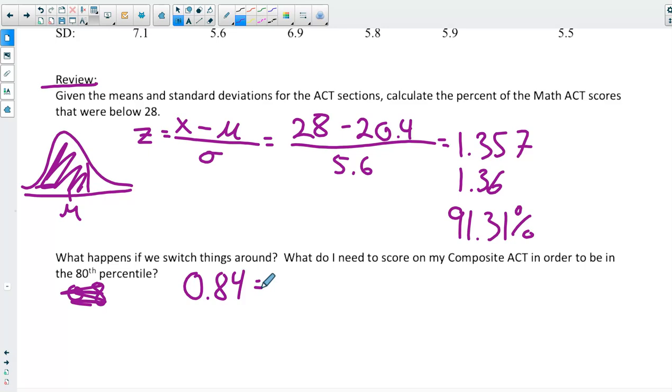What's my score? Don't know. So I don't know it, so I'm going to put an X right there. Then I put minus my average. I'm looking at the composite ACT, so my average is 20.7. And then I divide by my standard deviation, which is 5.9.